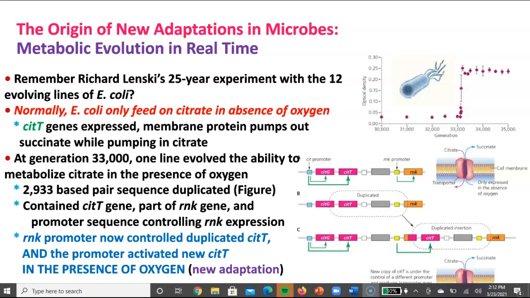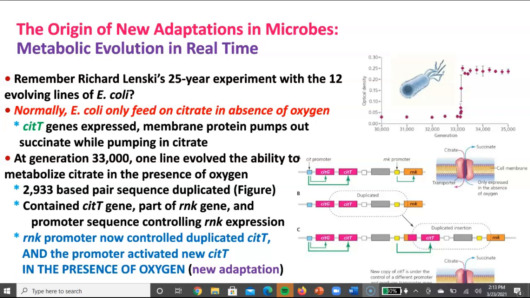At generation 33,000, they started to notice in the laboratory that one of the lines of bacteria became really cloudy, even when glucose had been depleted. And it was like, something interesting's going on here.